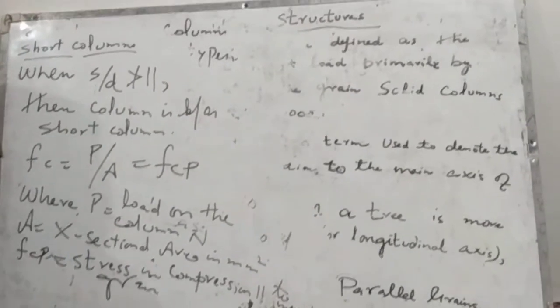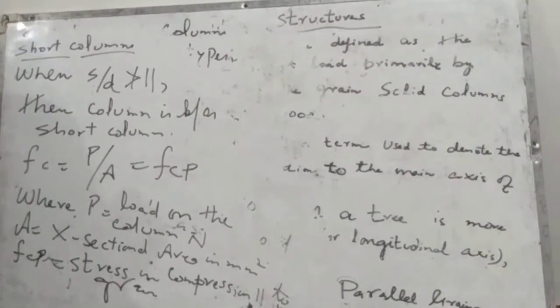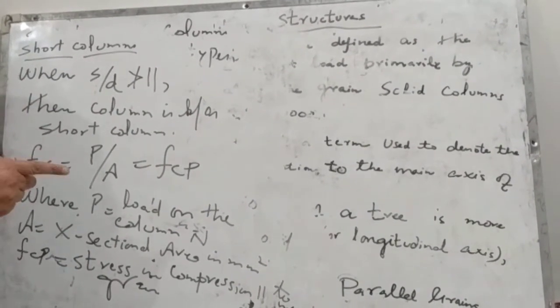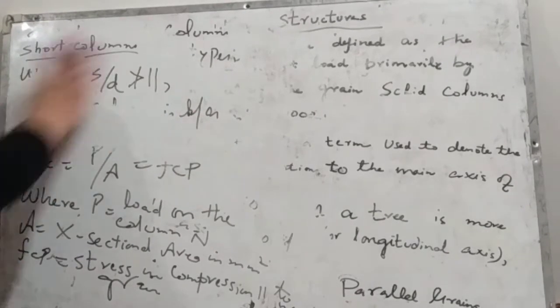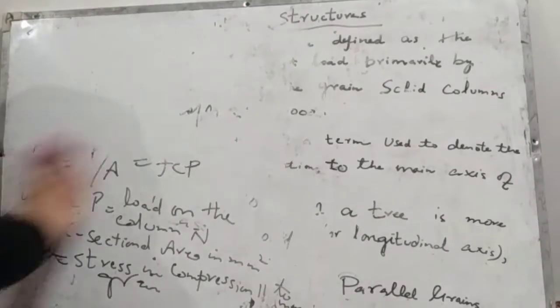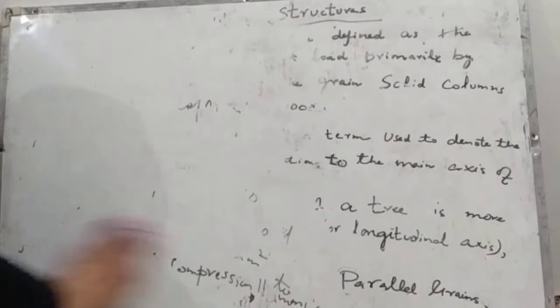This is the condition for your short columns. You have to remember, when your slenderness ratio is less than 11, then it's termed as short columns. Right, now it's your intermediate columns.